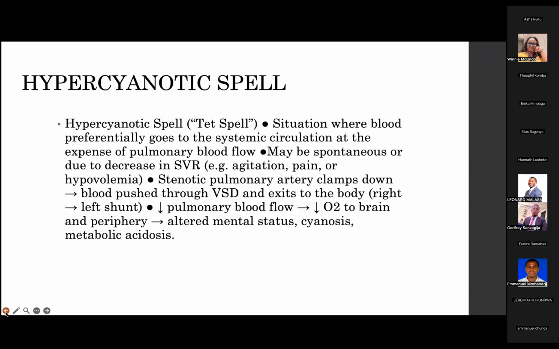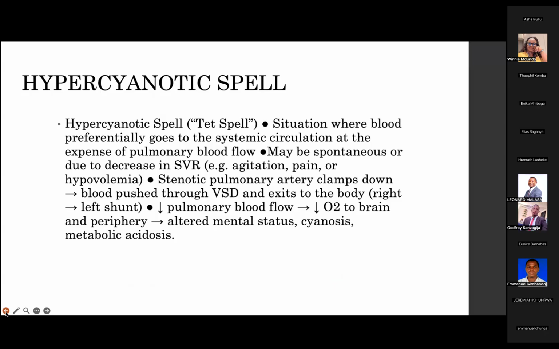And what's a TET spell, basically? It's simply a situation where blood goes to the systemic circulation at the expense of pulmonary blood flow. So it may be spontaneous and it's due to systemic vascular resistance decreasing.